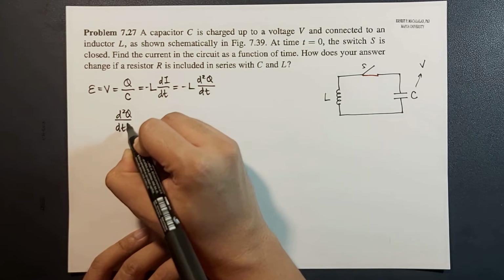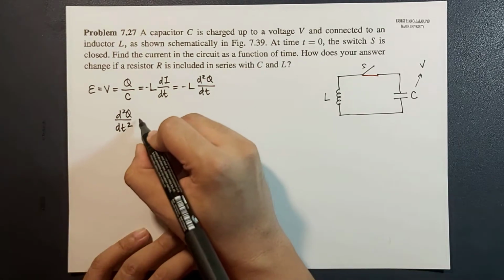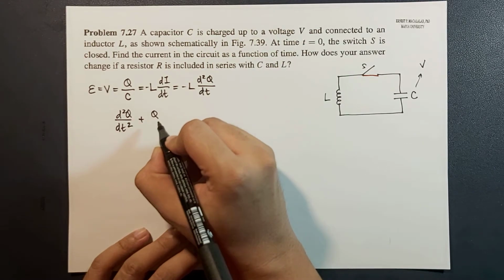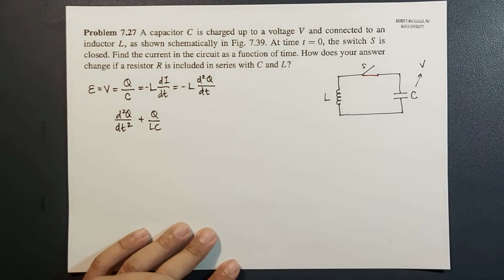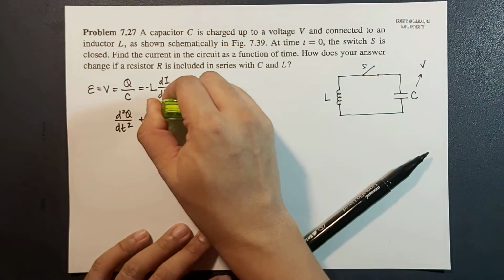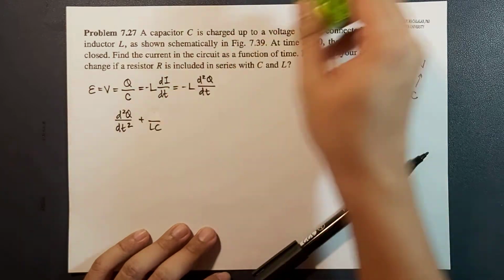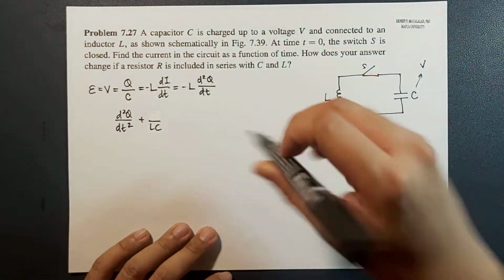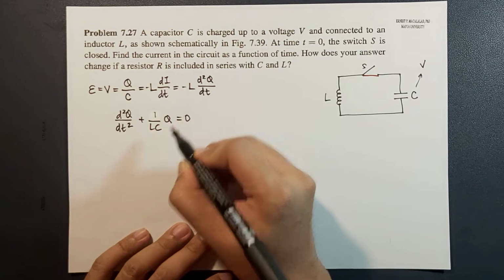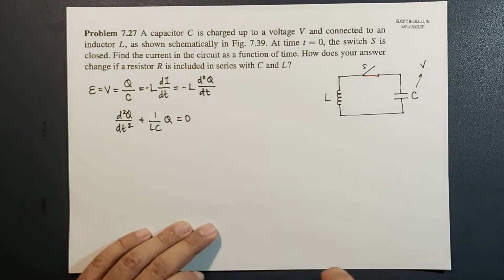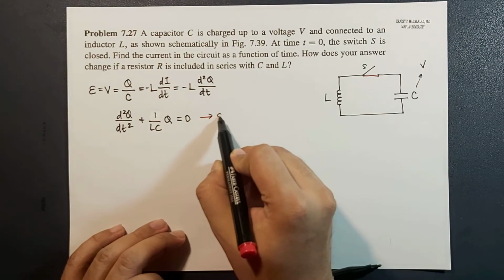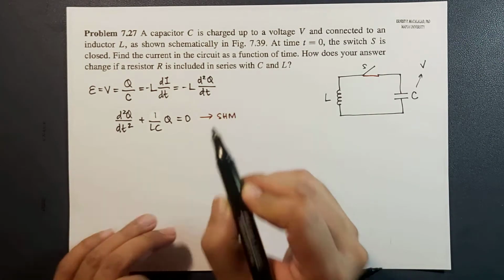Combining this, we now have the second derivative of Q with respect to time plus 1 over LC times Q equals 0. What do you notice here? This equation resembles a simple harmonic motion equation.